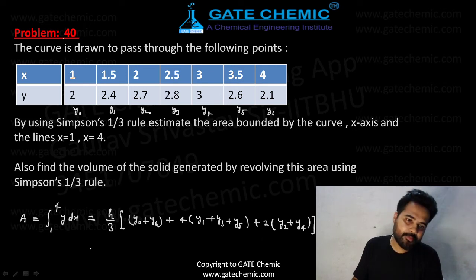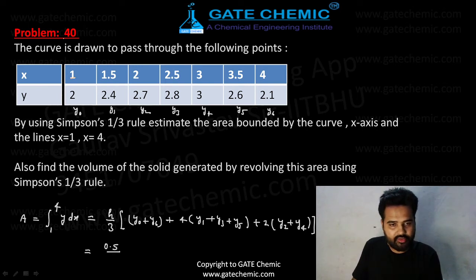Now h is 1.5 minus 1, which gives 0.5. So it's 0.5 by 3, and y0 is 2 plus y6 is 2.1.